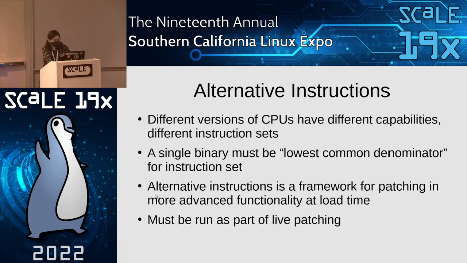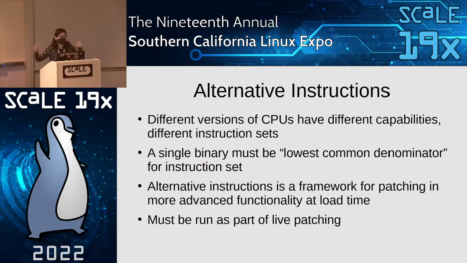And alternative instructions I mention only because this is the reason that I had my one crash in production. So different versions of CPUs have different capabilities, different instruction sets. Generally, when we build a binary for x86, it's the lowest common denominator.